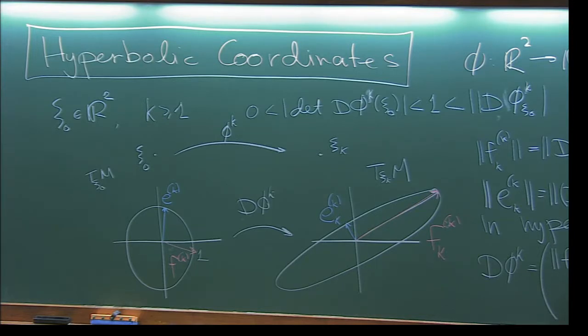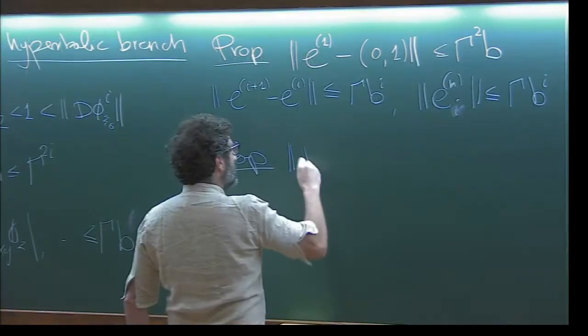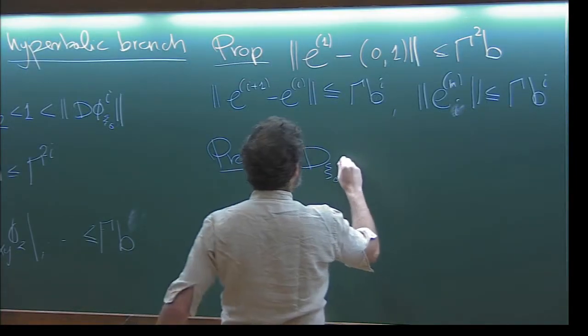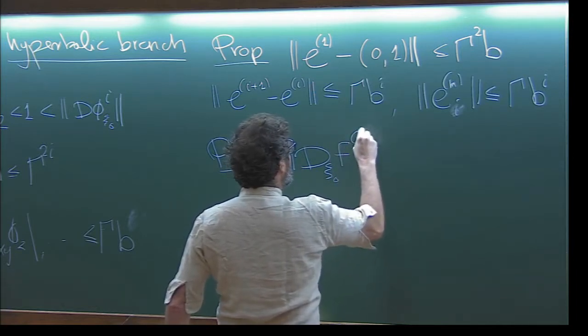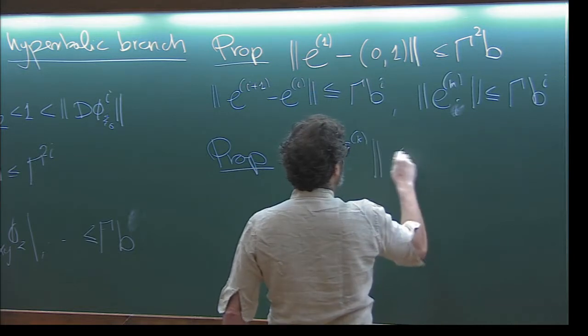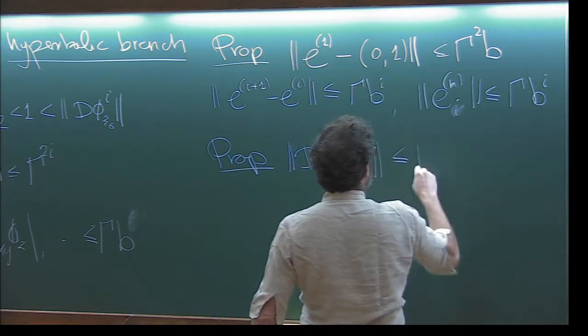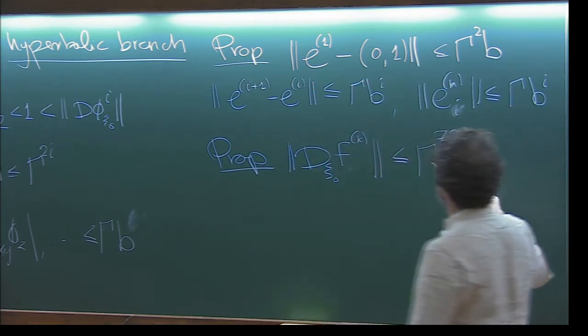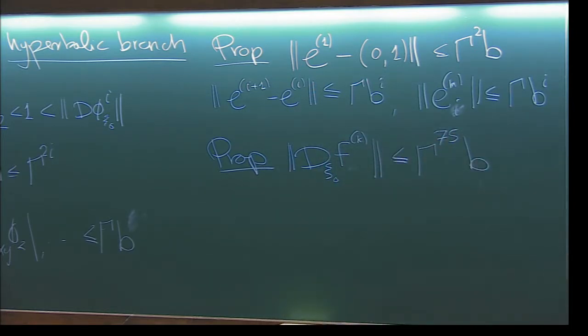As we said, they depend C1, but we can show that in fact the derivative of these directions with respect to the phase space, so we can write it like this, the derivative of this direction in terms of how it changes, is also bounded. In this case we get gamma to the 75. These numbers are not so important, but the crucial point is that we have a B here. B is small.